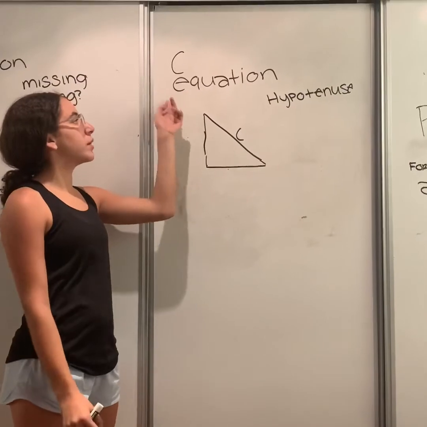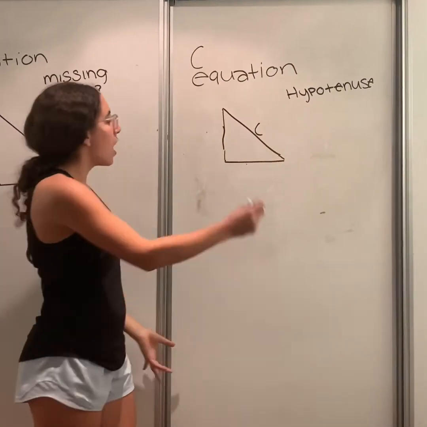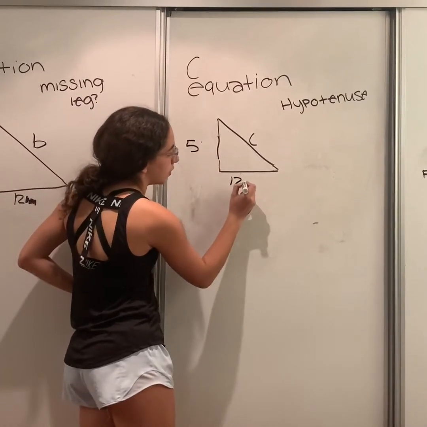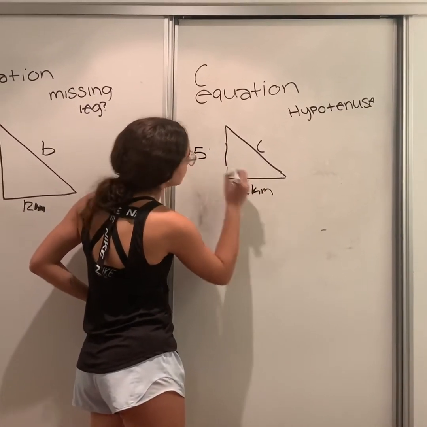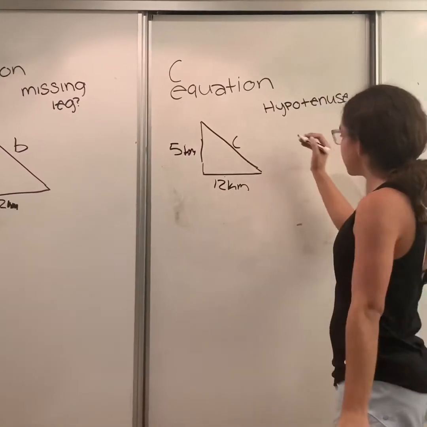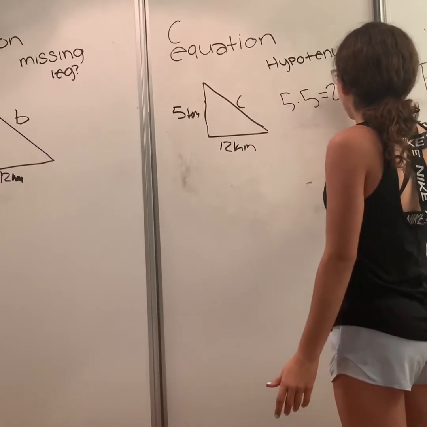So now we are going to be doing a C equation and finding the hypotenuse, which is adding. And so our numbers will be 5 and 12. Our unit will be kilometers. So we can choose any number to start with. I'm going to choose 5, multiply it by itself, equals 25.